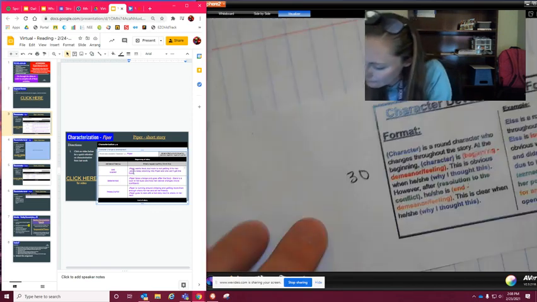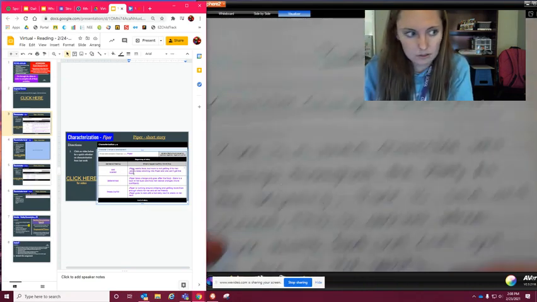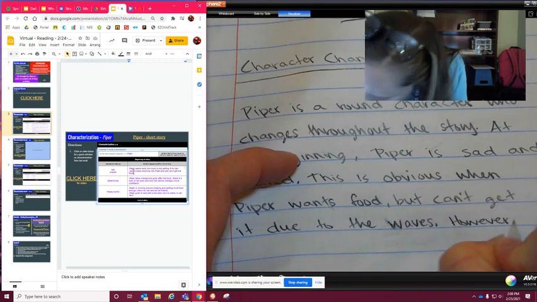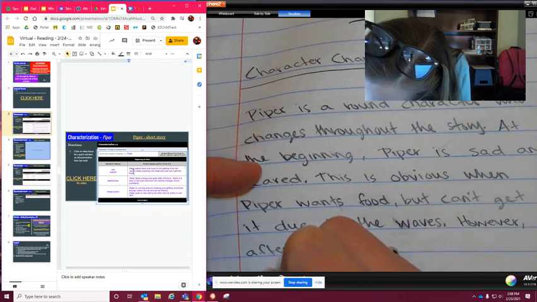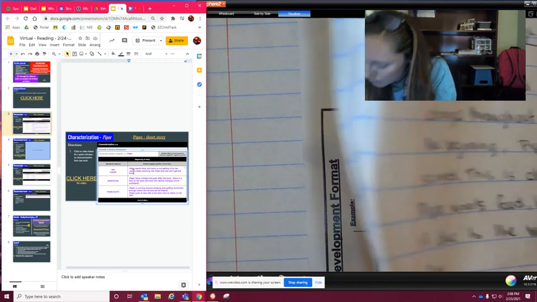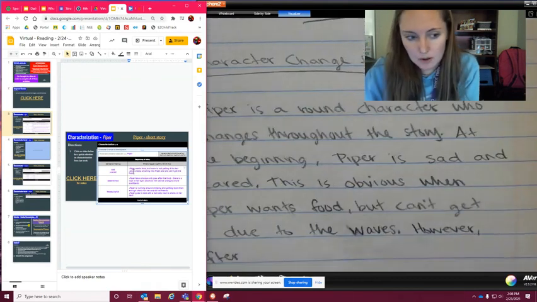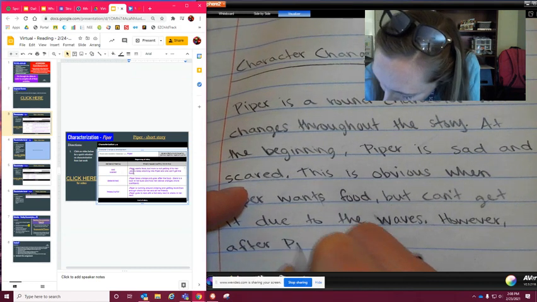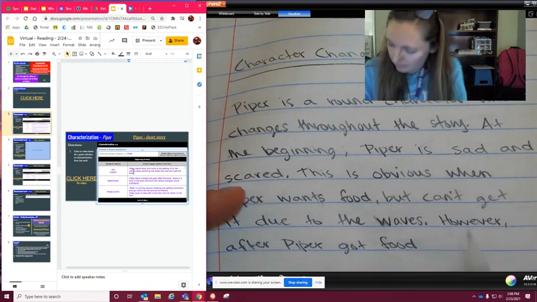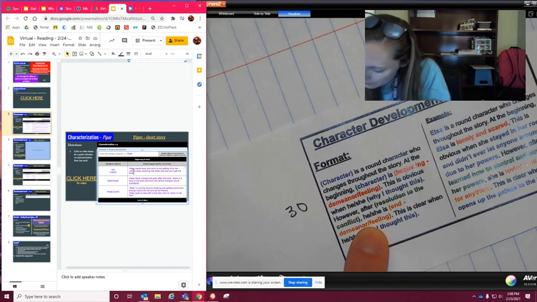Then I'm going to go back to the format. And it says, however, after blank, resolution to conflict. So the conflict was that Piper wanted food, but then the resolution is that Piper got food. Okay, so however, after Piper got food, okay, back to the format, comma, Piper is what?